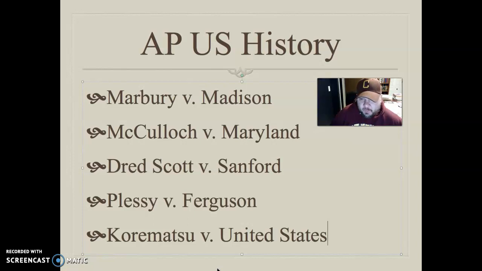Korematsu, like I said, sued, and the Supreme Court actually said that the United States was okay to do this. It was well within the Constitution because they were protecting the national security rights of the United States. So that's what the Supreme Court said. Obviously, I think as history has kind of unfolded, as we look back, that was definitely a black mark on U.S. history.